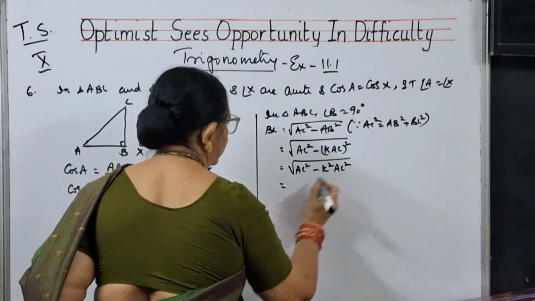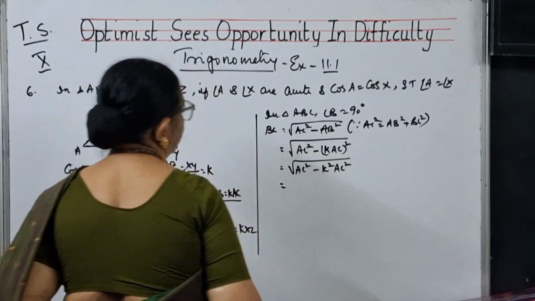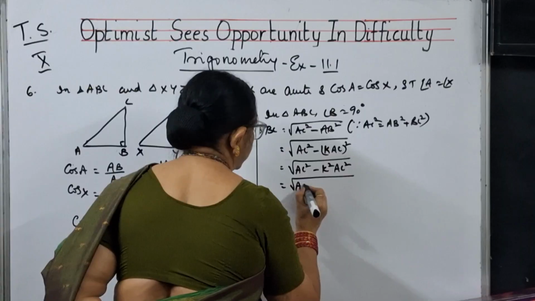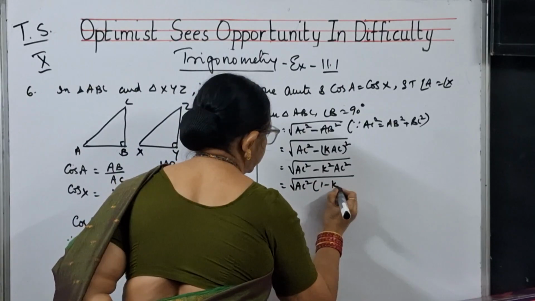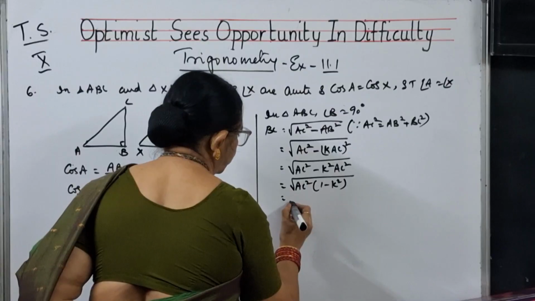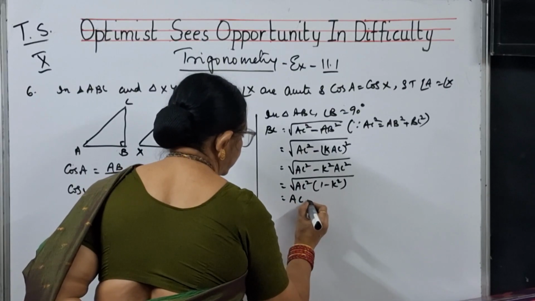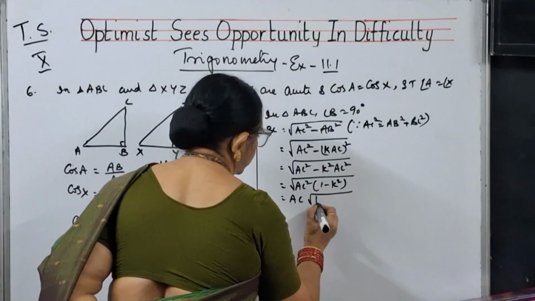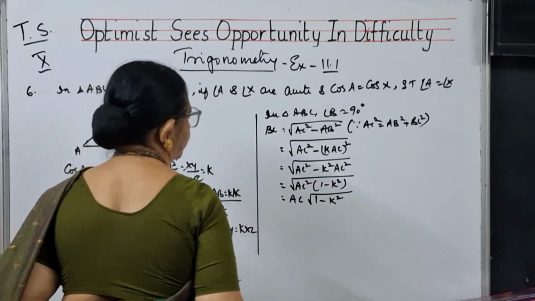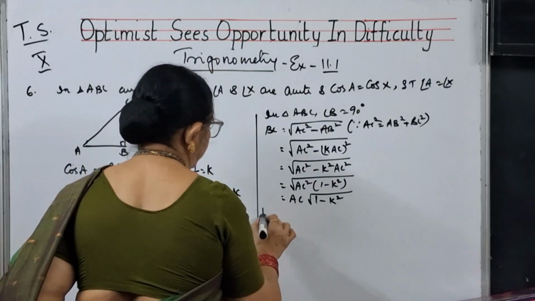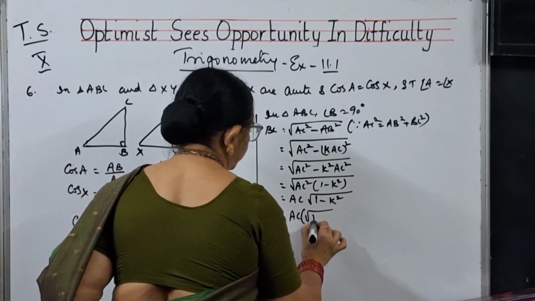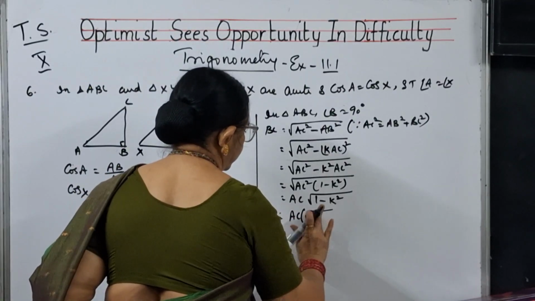In this we can take out AC square as common: root of AC square into 1 minus K square. So this AC square will come out of the root: AC into root of 1 minus K square is BC value. So BC is equal to AC into root of 1 minus K square.